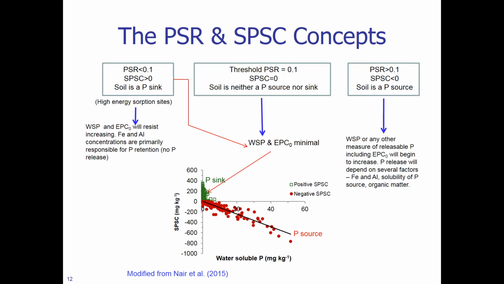Now, water-soluble P or any other measure of releasable P, including the EPC, will begin to increase. P release will depend on several factors: iron and aluminum, for example, the solubility of the P source, and perhaps organic matter. We need to work more on understanding the concept of organic matter as it relates to SPSC when SPSC is negative.